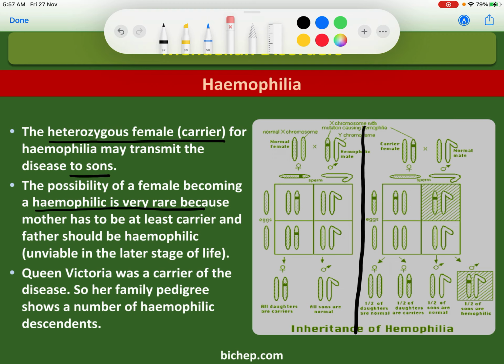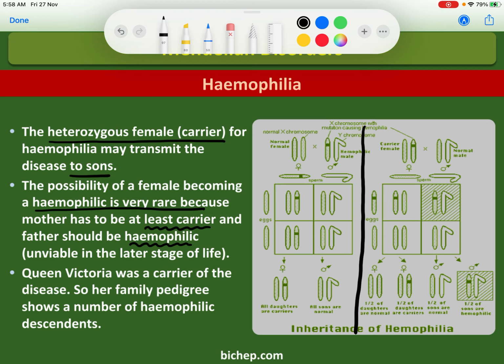The possibility is very rare because the mother has to be at least a carrier and the father should be hemophilic. So if the mother is a carrier and the father is hemophilic, only these conditions can result in a hemophilic female.